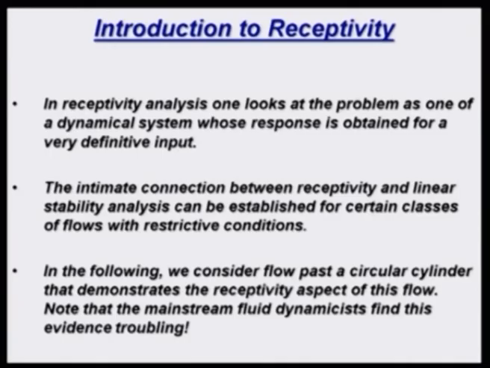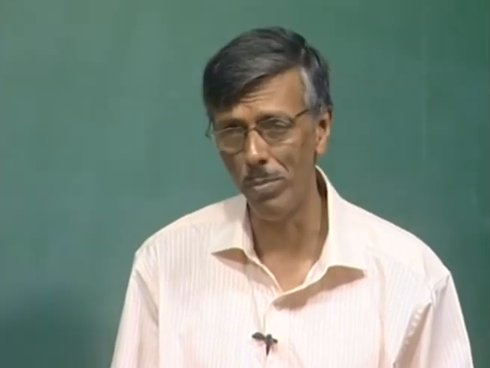I want to show you one aspect of receptivity in the context of flow past a circular cylinder, and this is a rather interesting example. We did this experiment here itself a few years ago. We have a very noisy tunnel, and we wanted to characterize the noise and what happens.